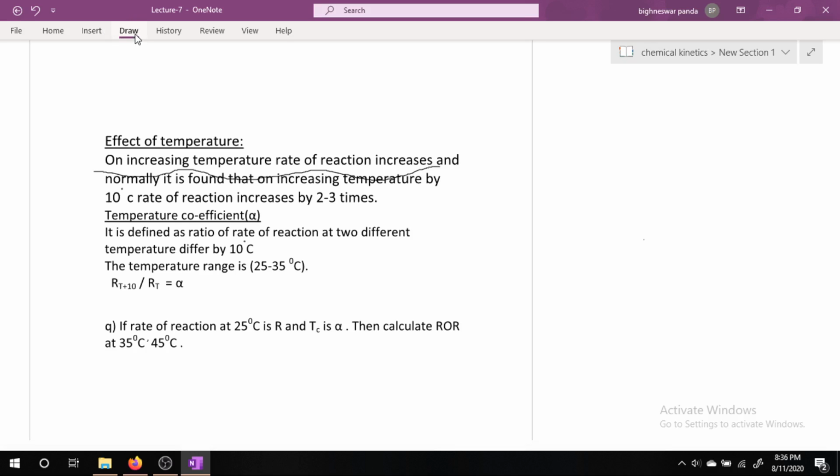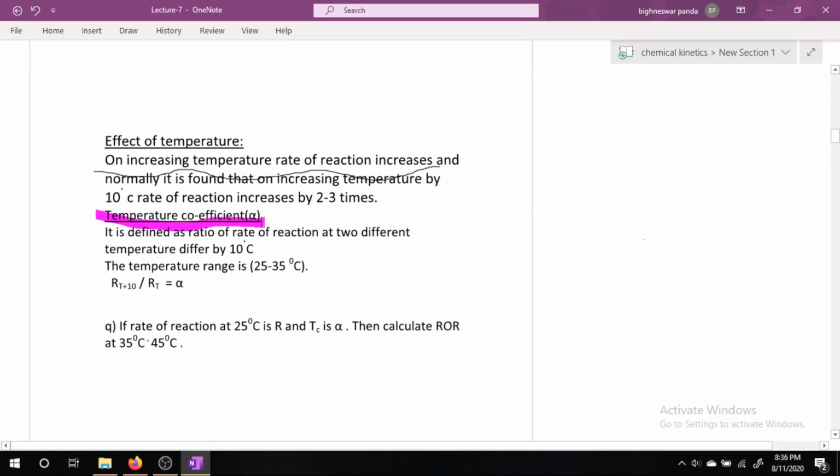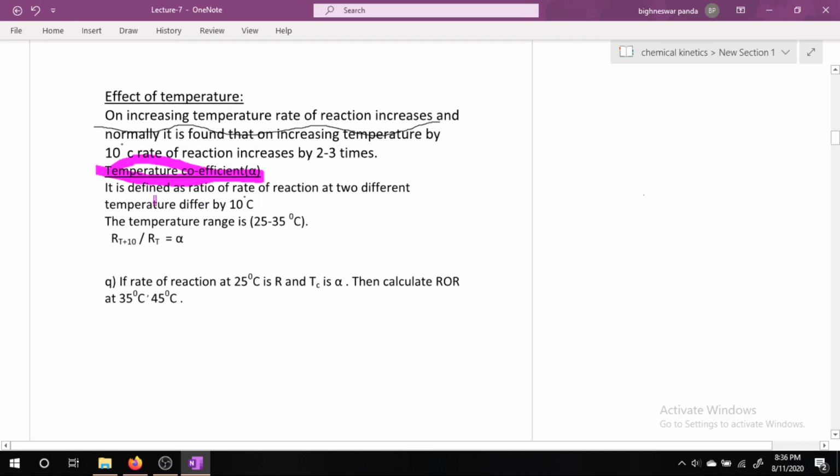Another important concept is the temperature coefficient, denoted by alpha, and it is defined as the ratio of the rate of reaction at two different temperatures differing by 10 degrees Celsius.